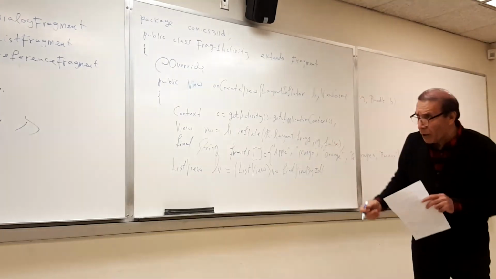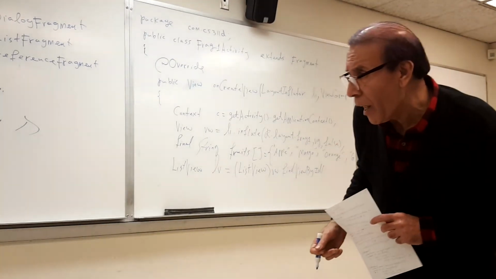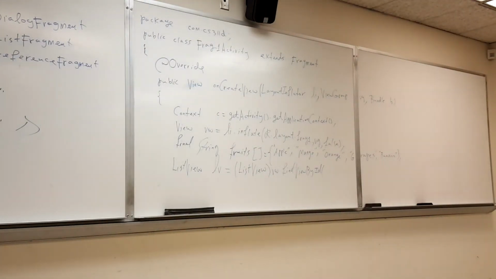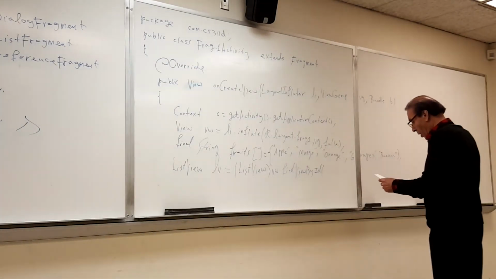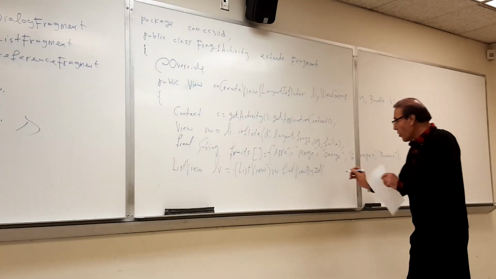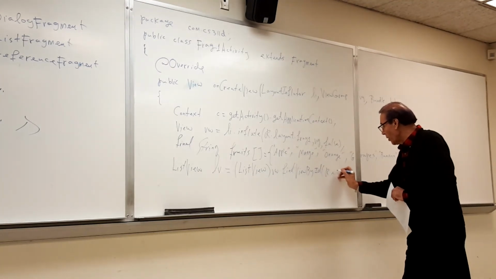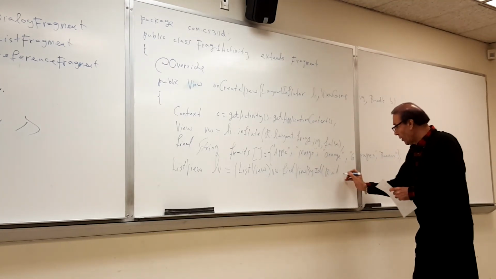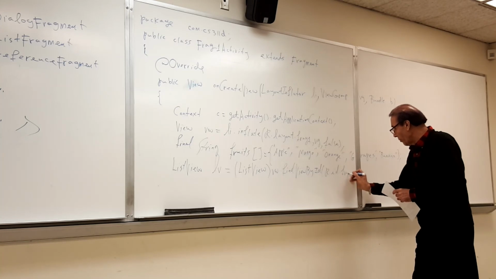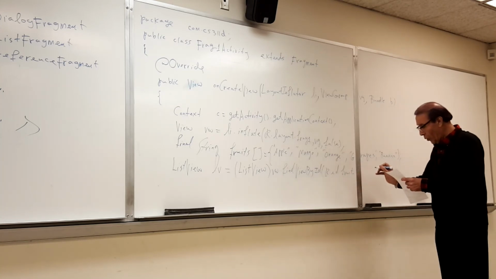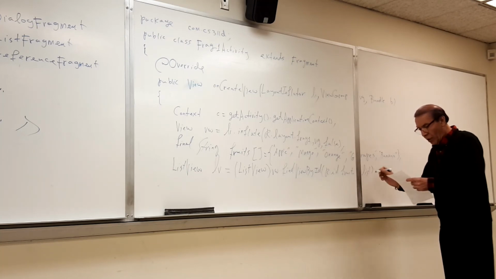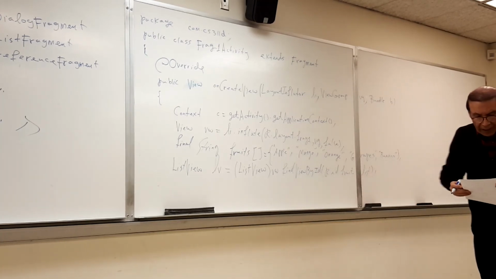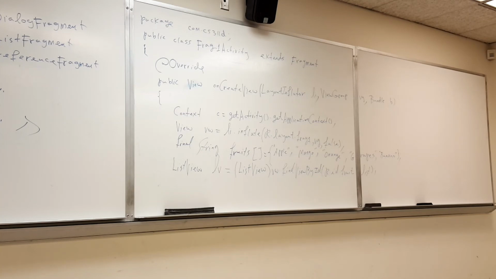I think we could call it fruit list, right? Yeah, right over there. Fruit list. Okay. R dot id dot fruit underscore list. Okay. We created the list view.